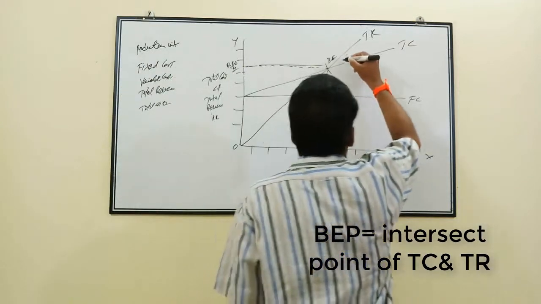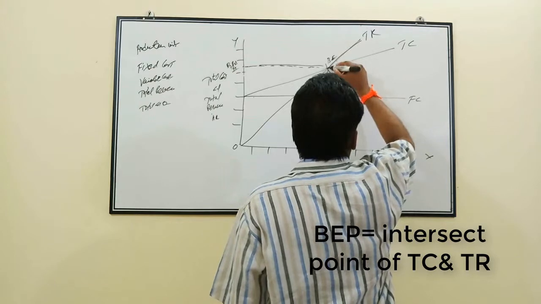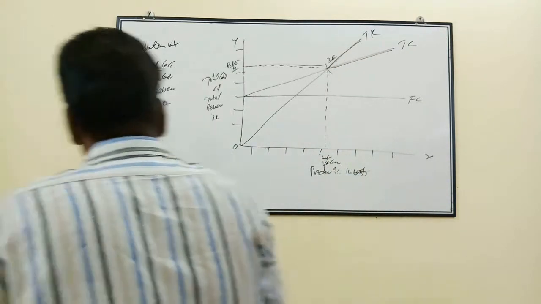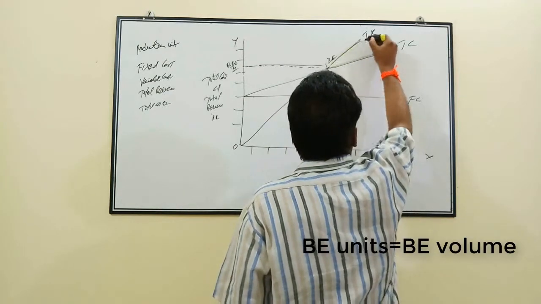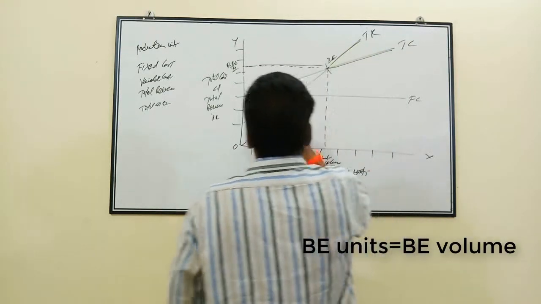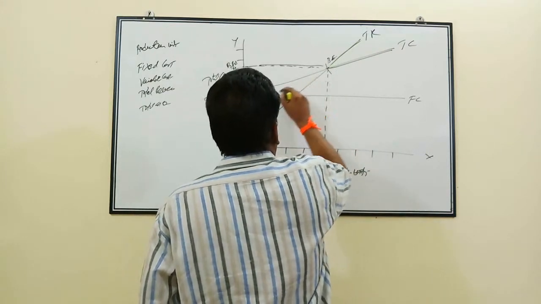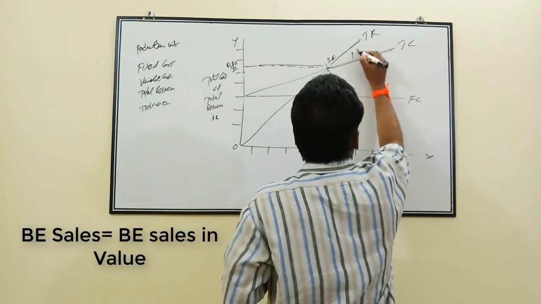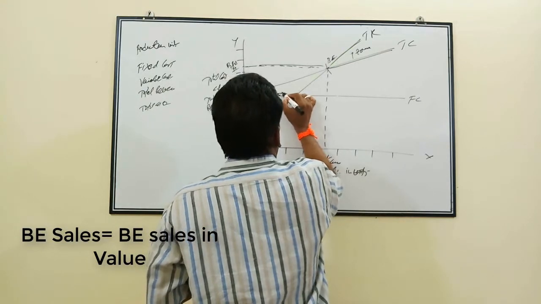And this part is the profit zone, and this is the loss making zone. This is known as the profit zone and the loss zone.